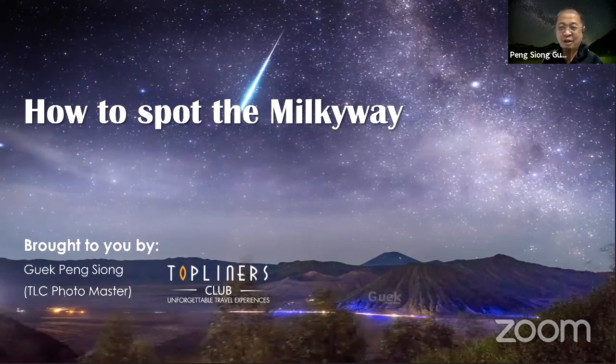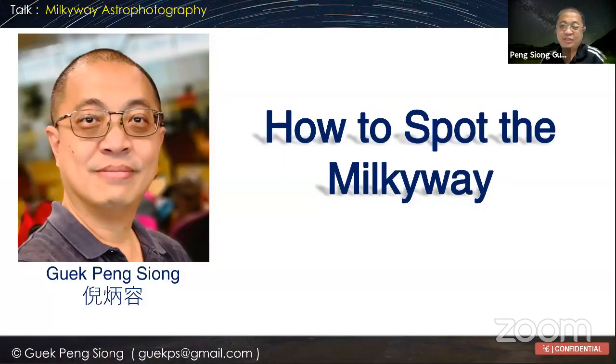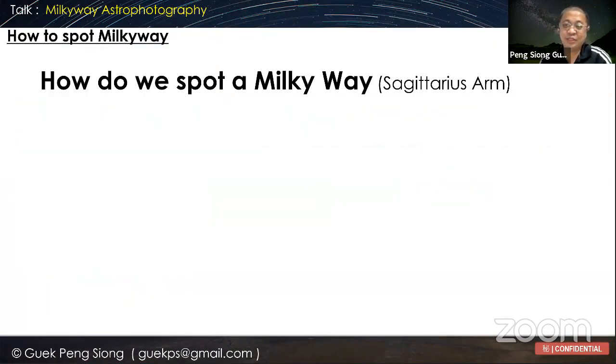I'll try to keep the session as short as possible so that you can have some time to ask questions. The easiest way to find the Milky Way, especially the Sagittarius arm, because it's the brightest part of the Milky Way, is the part that we always capture.